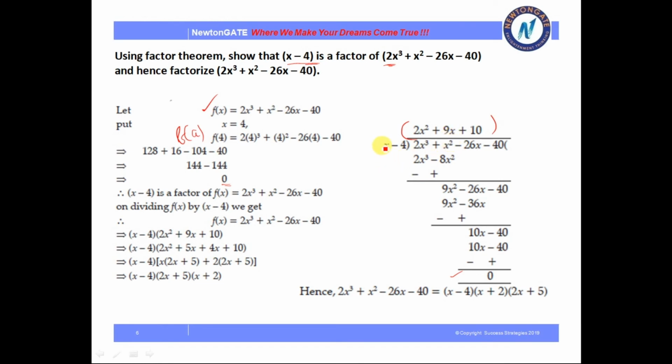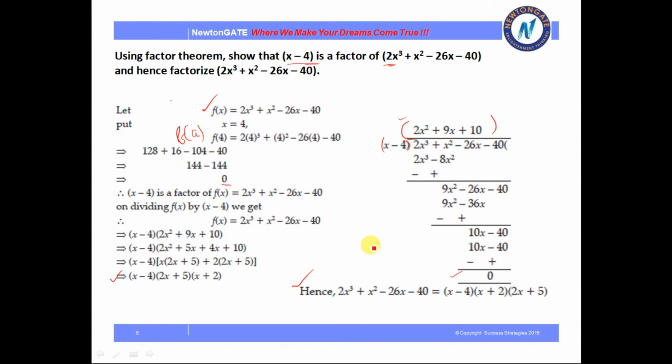So x minus 4 is a factor and this is also a factor. So now breaking this factor down, we get x minus 4 into 2x plus 5 into x plus 2. So we got three factors of the given polynomial. Hence this polynomial 2x cube plus x squared minus 26x minus 40 has three factors.